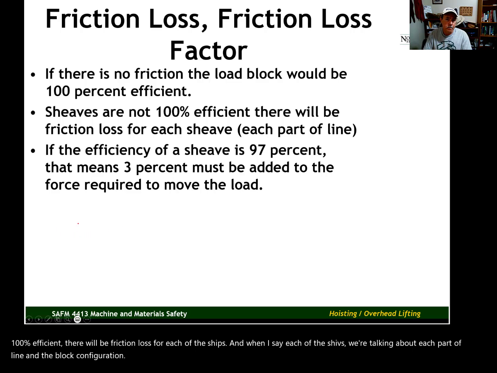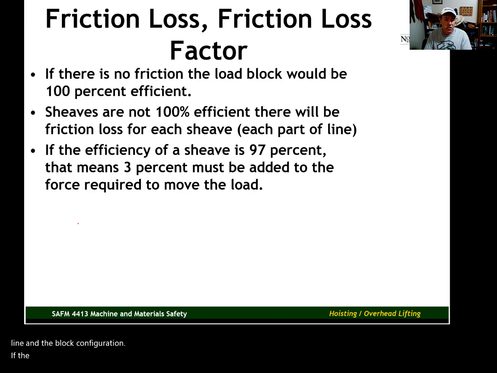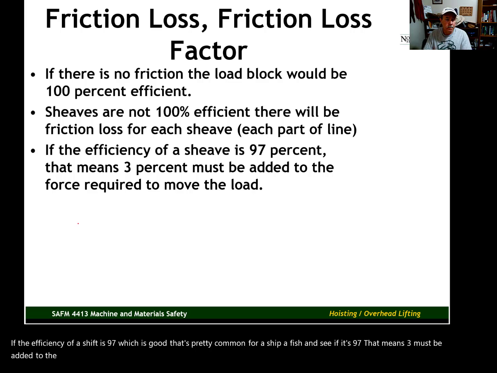If the efficiency of a sheave is 97%, which is pretty common for a sheave efficiency, that means 3% must be added to the force required to move the load.